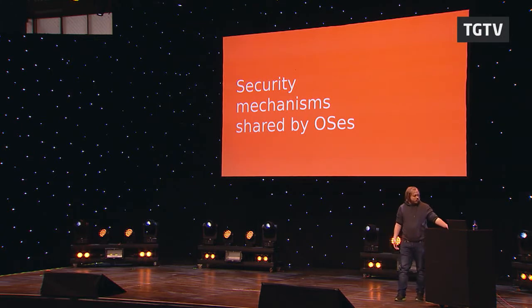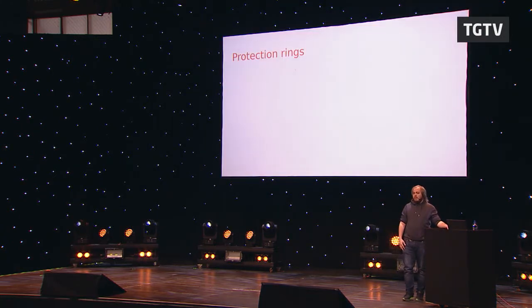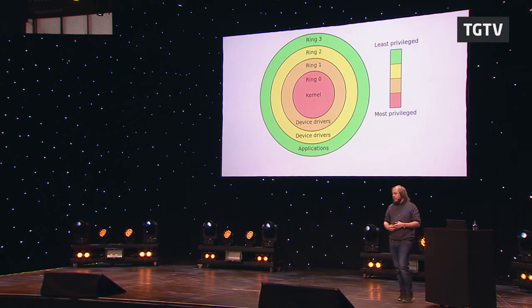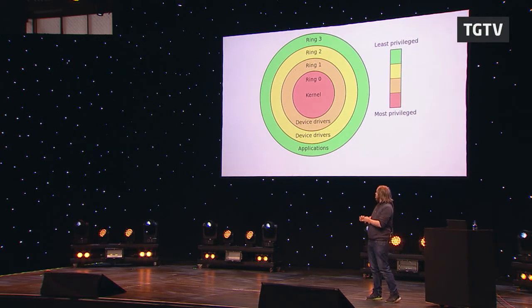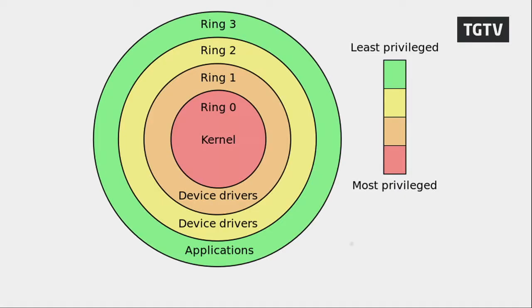The first one we're going to talk about is called protection rings. You have these different rings. Whenever you run a program, it runs in one of these rings. Now you'd think, oh, there's 4 rings, most operating systems today are going to use all 4. No. You can basically ignore ring 1 and 2 because they just don't use them.